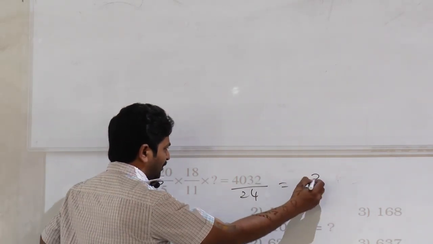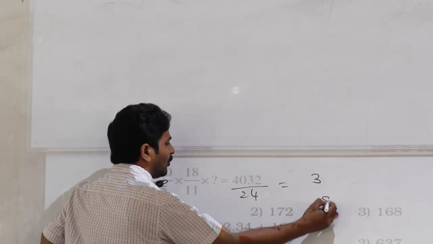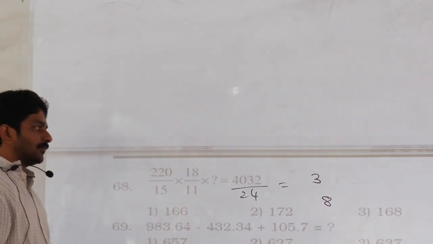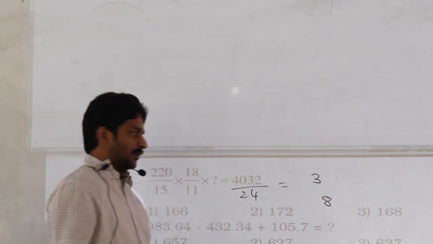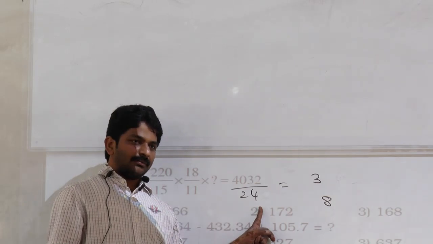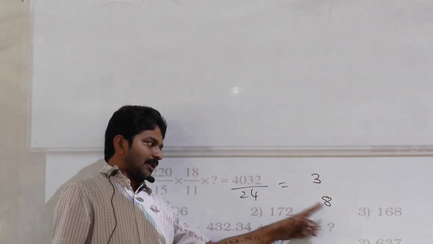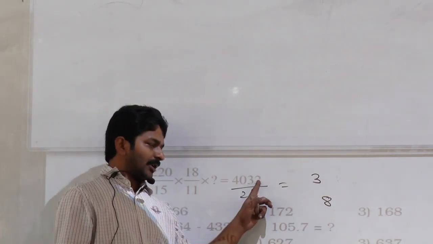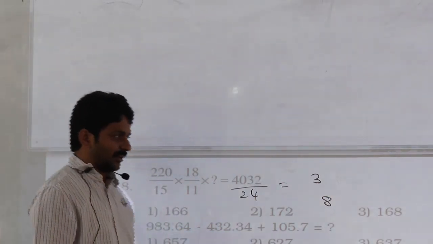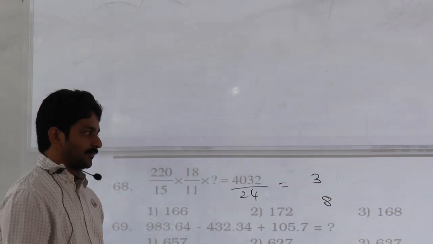Either the answer should end with 3 or with 8. If your last digit is 3, 3 into 4, 12, yes. 8 into 4, 32, ends with 2. So the answer can either end with 8 or with 3. There is only one option. 168.